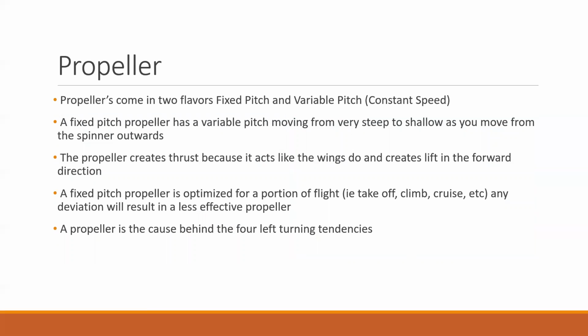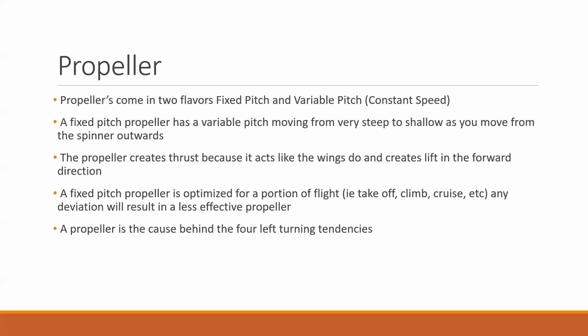All right, now we're going to switch gears a little bit and talk about the propeller. The propeller is kind of important, it drives us through the air. On single engine aircraft in particular, but also multi-engine aircraft that have propellers that rotate in the same direction, this can cause problems.